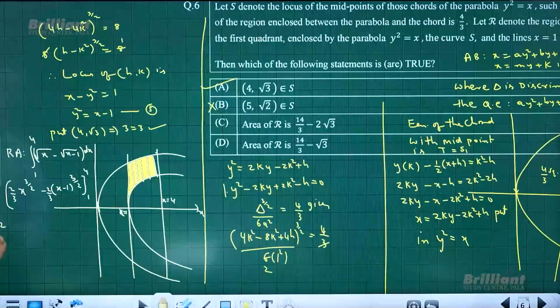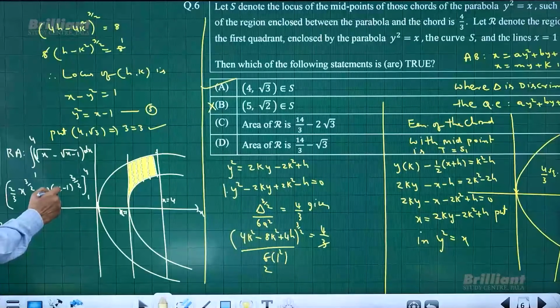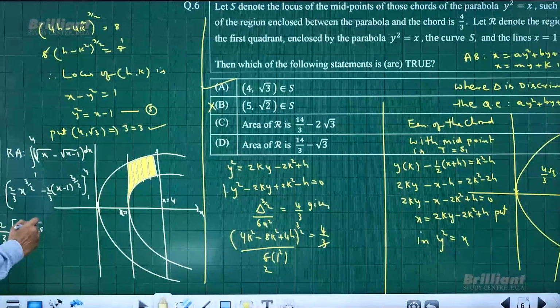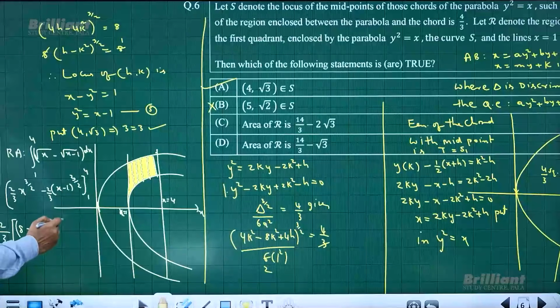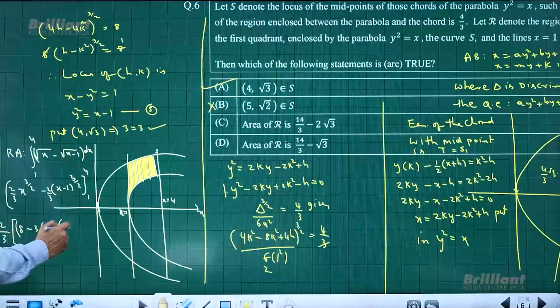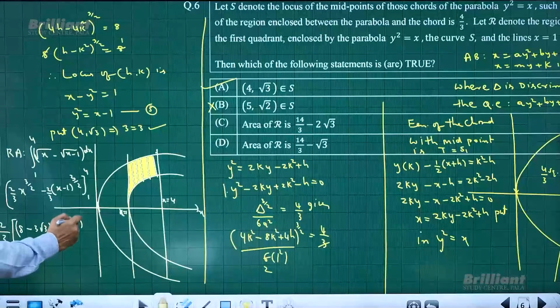So, 2 by 3 out, substitute upper limit: 4 power 3 by 2 is 8, 4 minus 1 is 3 root 3, minus 1, minus 0.